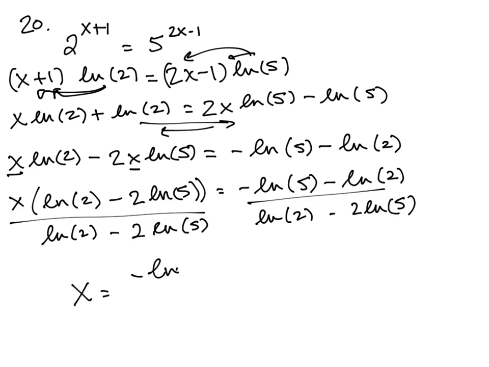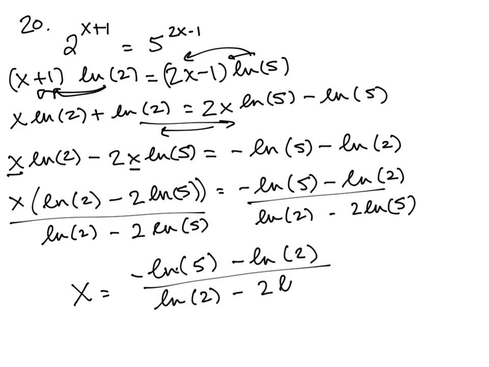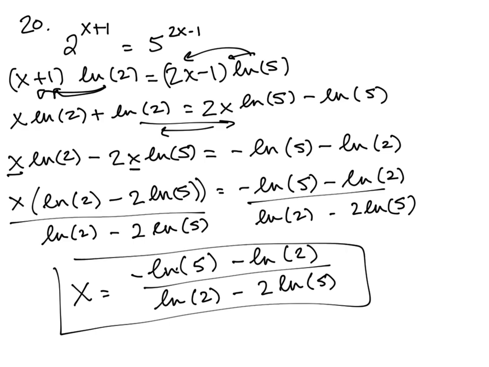I'm good with this being your answer. You can't cancel anything because there's nothing being multiplied. We don't get to cancel when we're just adding or subtracting. So that's it in all its ugly glory.